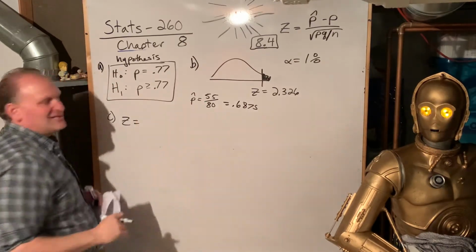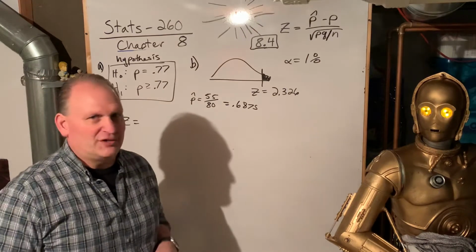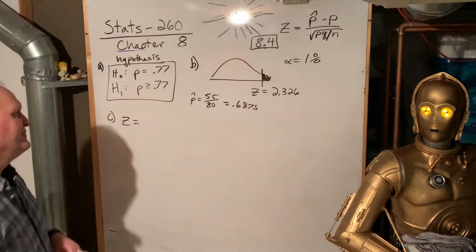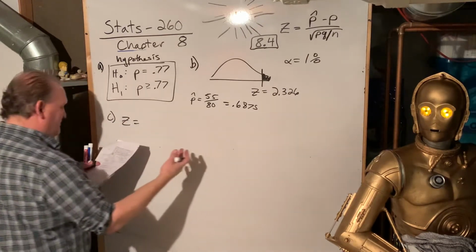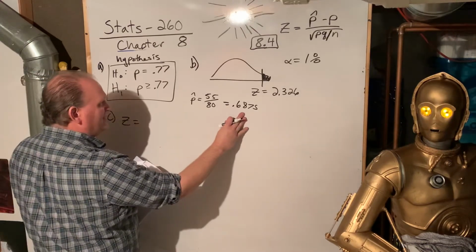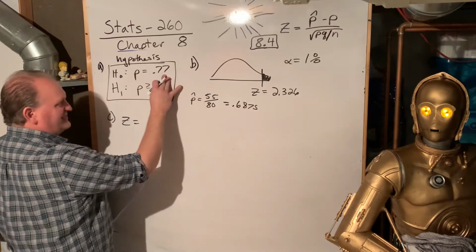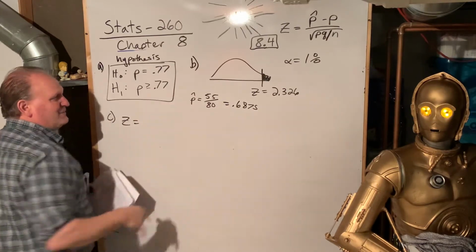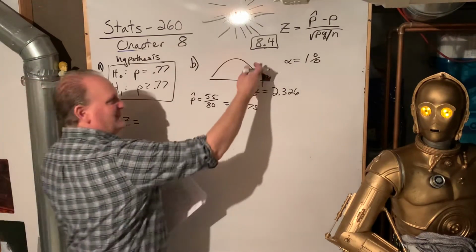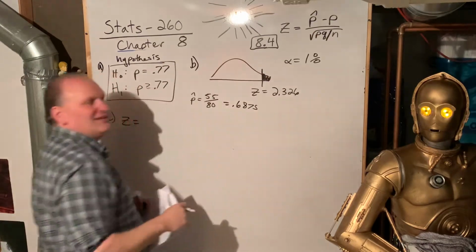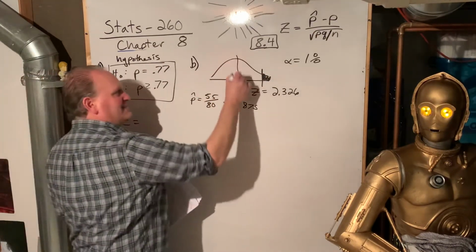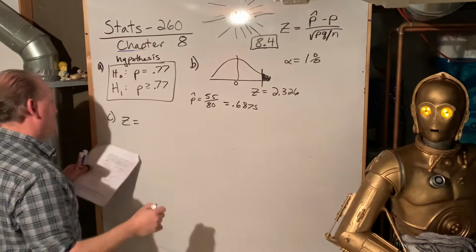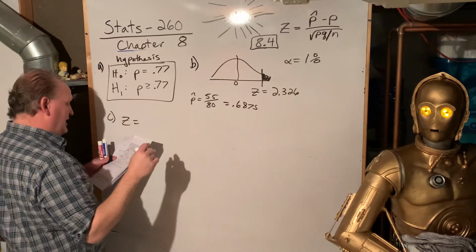So his hypothesis was flawed from the word go. We'll still run the numbers here, but with 69% instead of 77%, it's not going to be greater. This isn't going to be evidence to produce greater. It's not going to breach that. It's going to be down on the below zero end. So his hypothesis was flawed to begin with here.